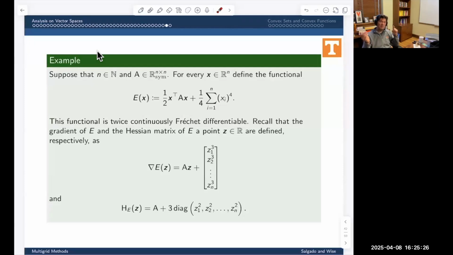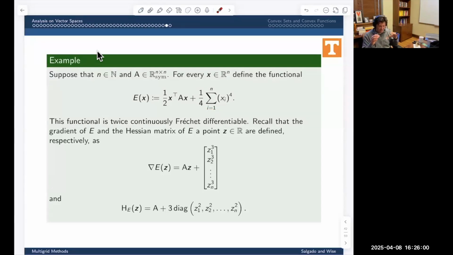Now, you probably remember a couple of things from your days taking Calc 3 or vector calculus, whatever you took at your home university. And you remember that there's this thing called the gradient, and there's this other thing which is called the Hessian.